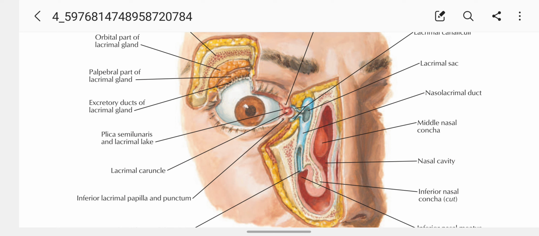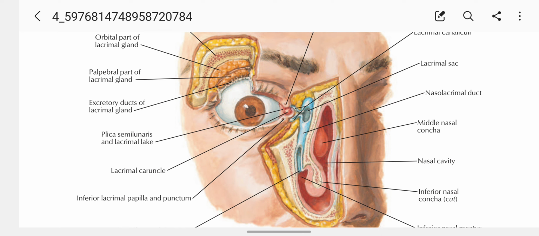The lacrimal gland is supplied by the lacrimal branch of the ophthalmic artery, and its nerve supply is by the lacrimal nerve. It has sensory fibers as well as secretomotor fibers. The lacrimal nerve is a branch of the ophthalmic division of the trigeminal nerve.